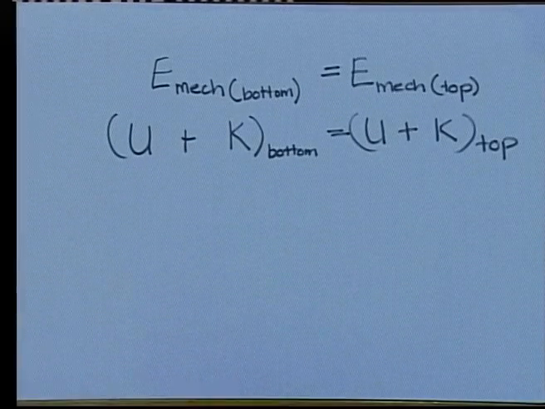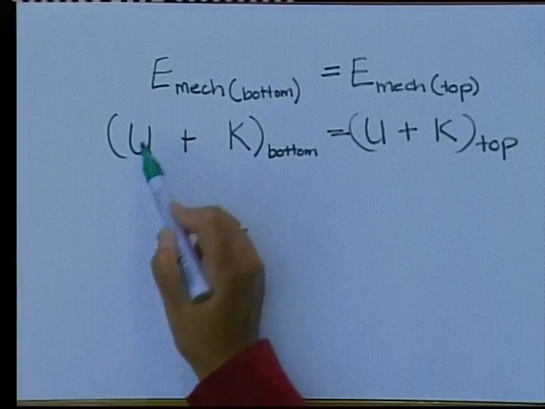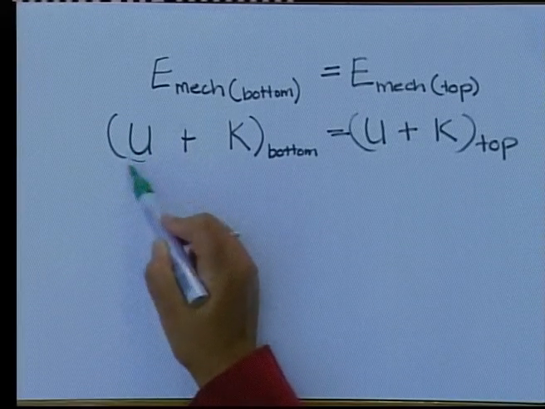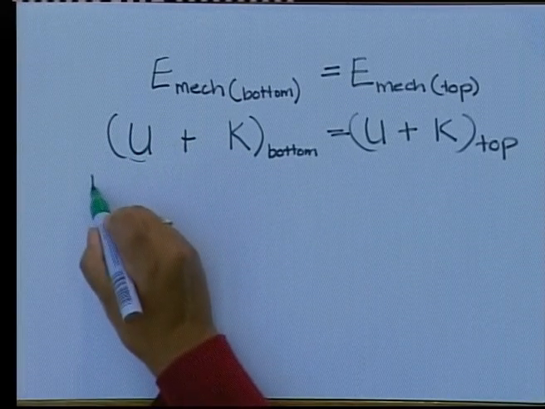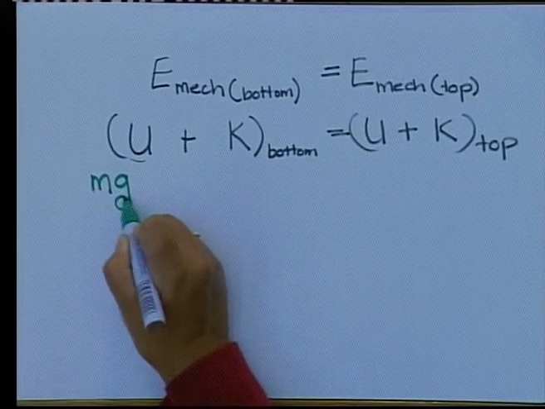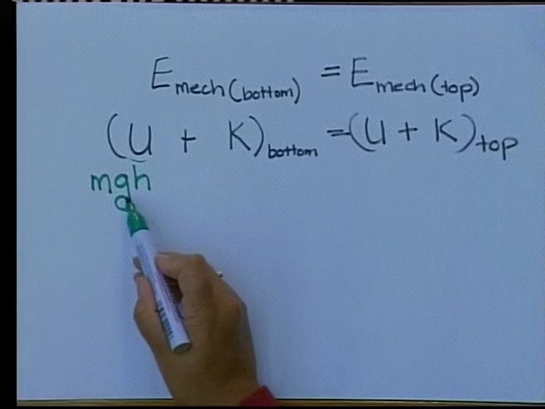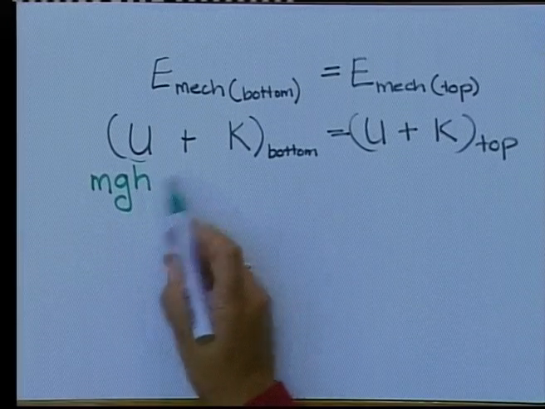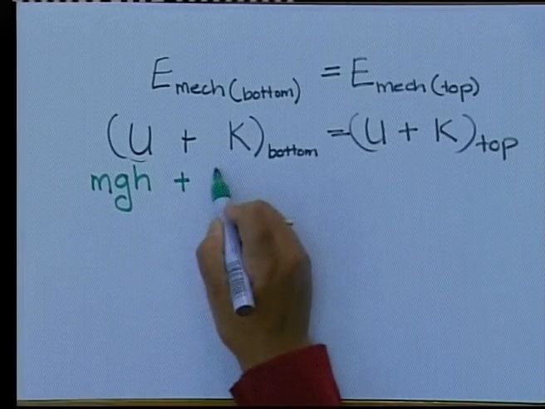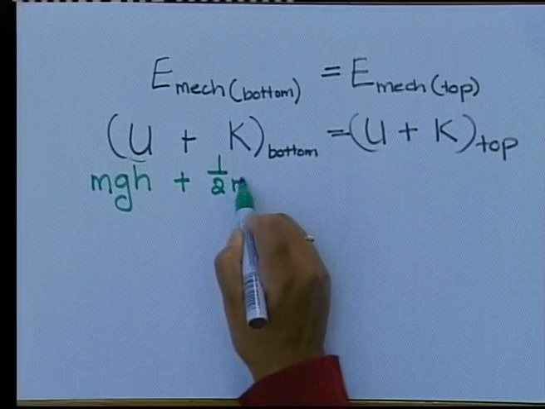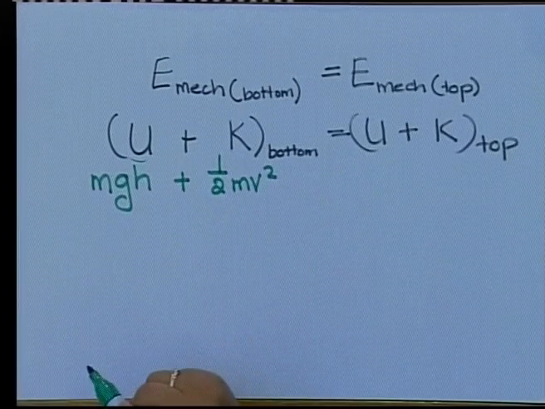Now, we said at the beginning that gravitational potential energy is mass times g times h, mass times gravitational acceleration times h. We know that kinetic energy is half mv squared.